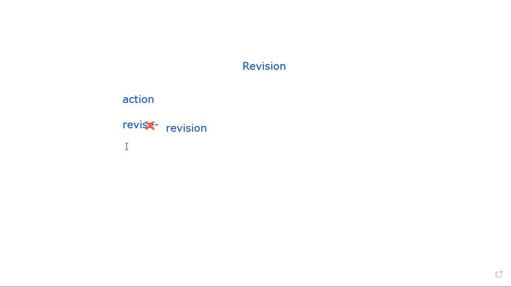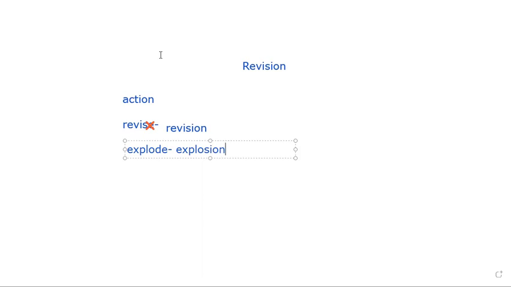Okay, if the word or the verb ends with DE, like for example, explode. We have a verb that ends with DE. What do we do? We cross the DE and we add S instead. So it becomes explosion.